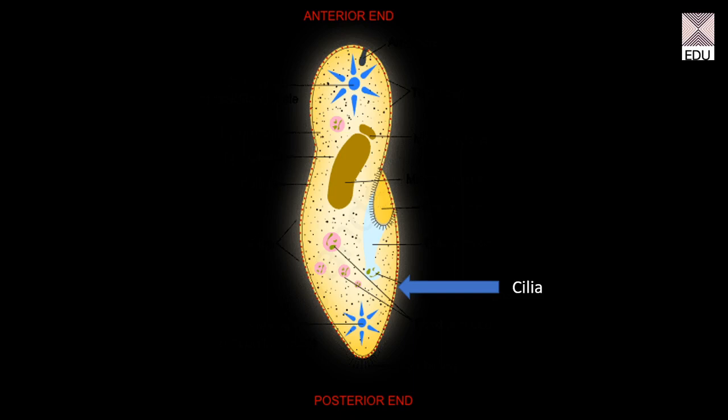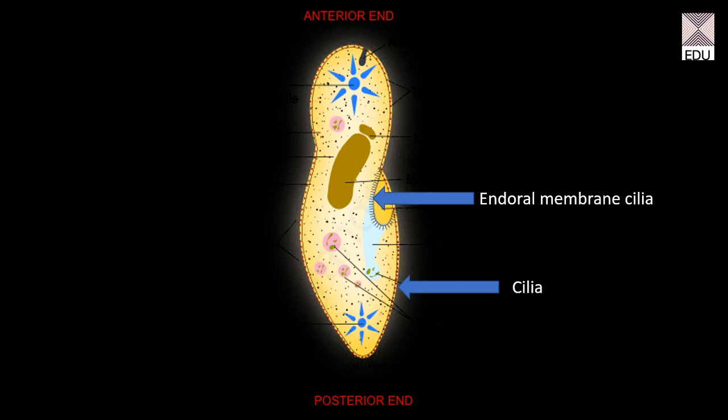Now the second reason for this movement is the cilia of the endoral membrane. These cilia, when they move, make their own water current into the oral groove. The endoral membrane cilia are present on the oral groove, and they function for feeding purposes.